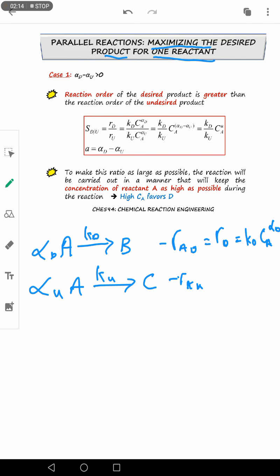The same applies for the undesired reaction, Ru, which is Ku Ca alpha undesired. Just to show that for this one reactant, if the question asks you what is Ra net, it's the same as Rd plus Ru.